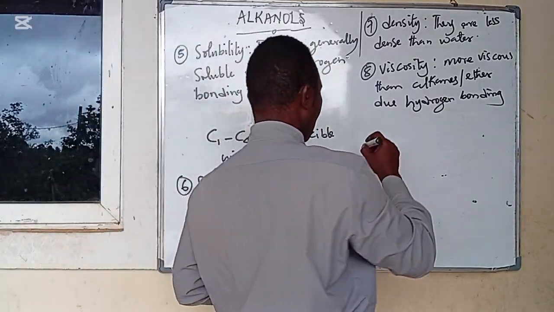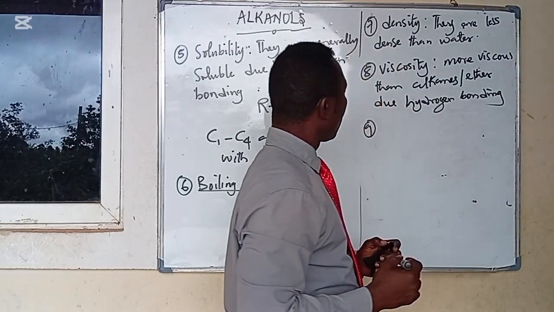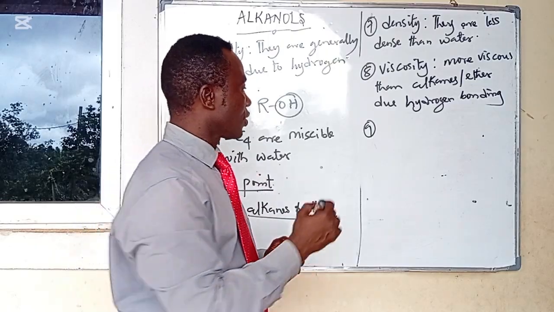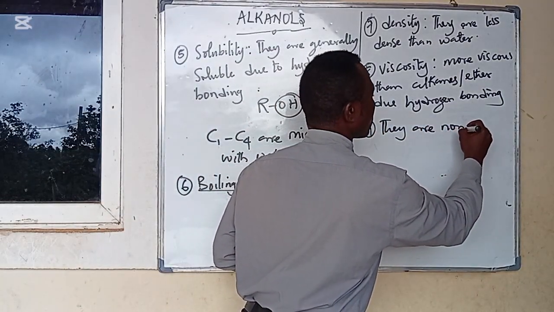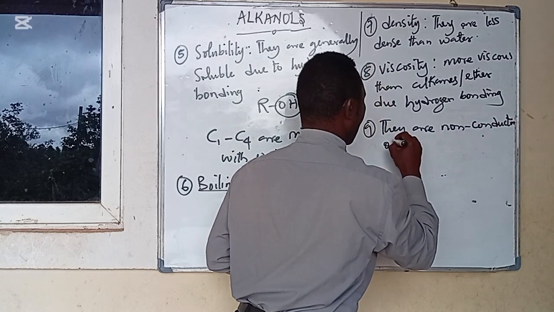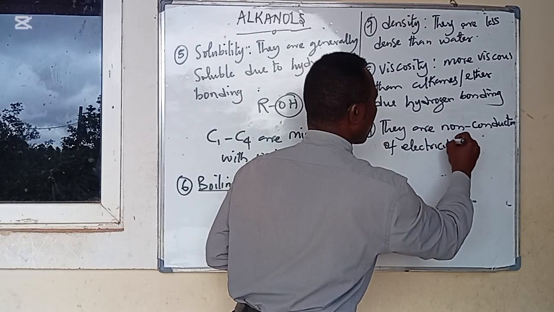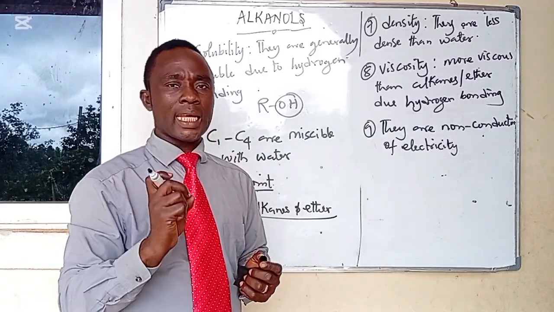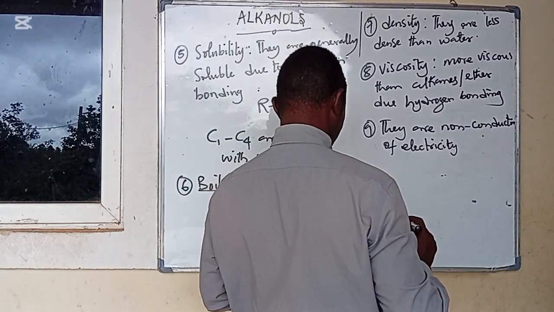All right. Then number 9, they are non-conductors of electricity. They don't conduct electricity. Although they ionize in water very slightly, but it's not enough for them to conduct electricity.